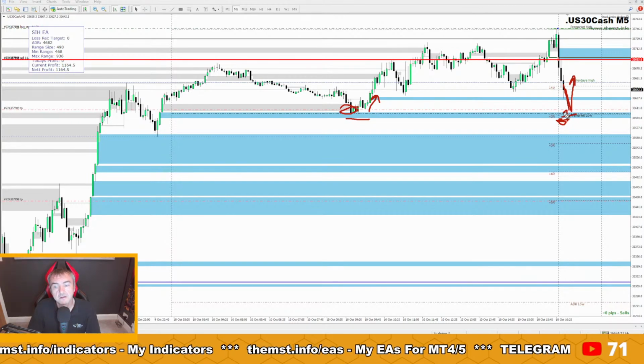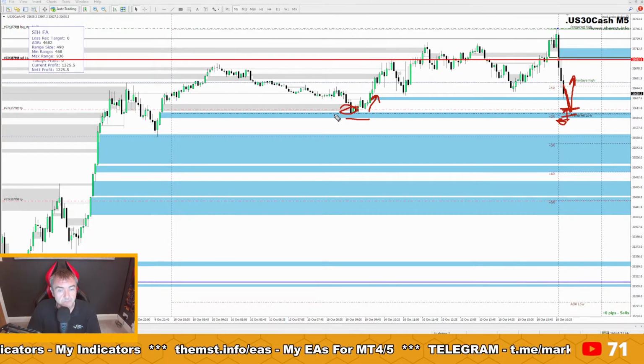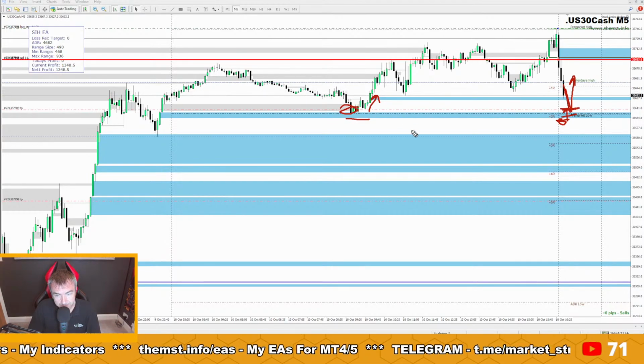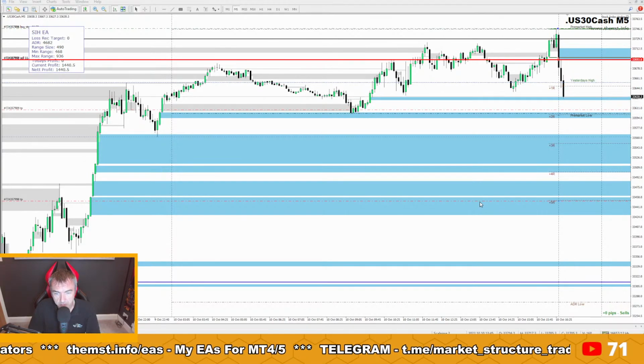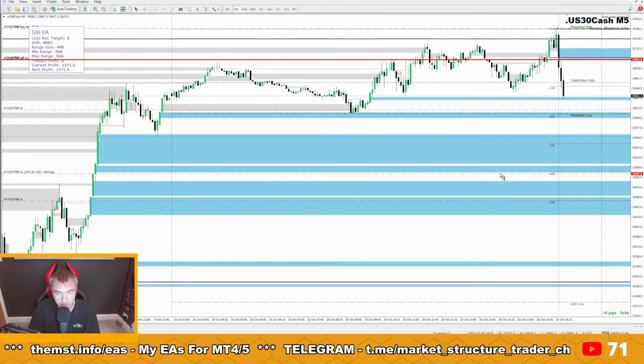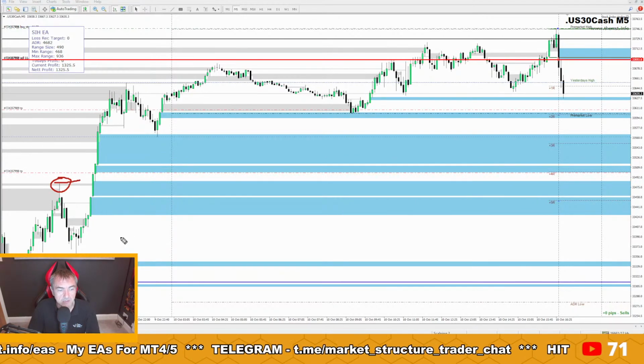So I've done a little bit in the video about moving targets, basically, like this 5R here. Looks great, but a much more logical level for that 5R would be at 4R, because it possibly could react off of that wick.